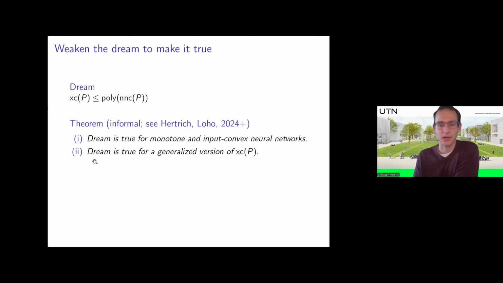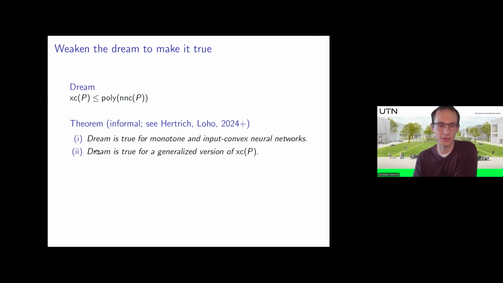And then what you can also do instead is you still talk about general neural networks, but you strengthen the notion of extension complexity. You basically make the left-hand side of the inequality smaller, which also makes the dream easier to prove. And we did that too, leading to a generalized version of extension complexity that might be interesting for the combinatorial optimization community.